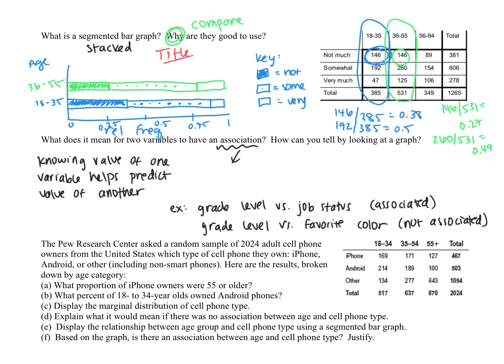Okay, so looking at the graph that we wrote above, we're looking at age versus a response to some question. Looking at the graph, do you think that there is an association between those two? If I tell you someone's age, does it give you any information about how they might have responded to this question?